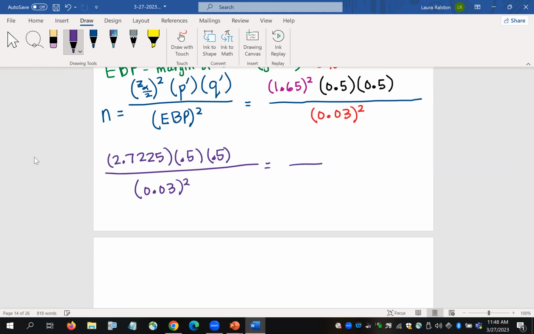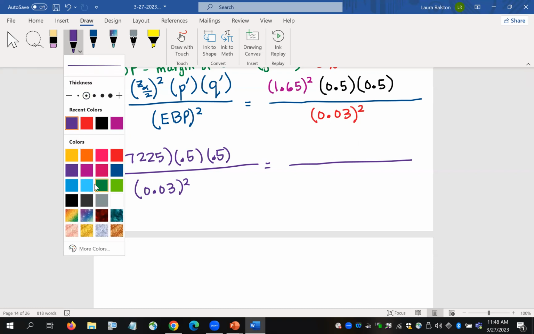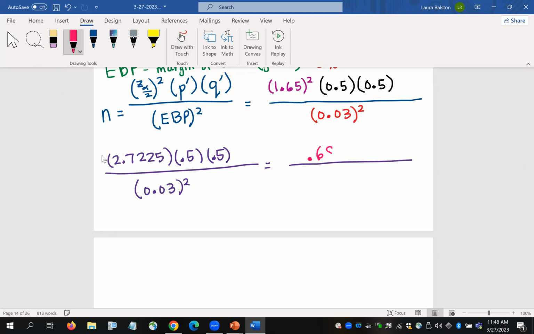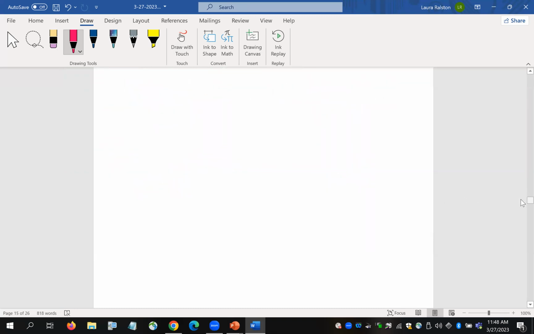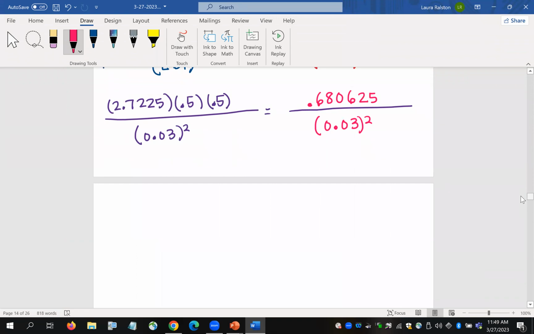Now I'm walking it through. Again, following order of operations, I would continue to work in the numerator. So 2.7225 times 0.5 times 0.5 equals 0.680625 divided by 0.03 squared. I've finished all of the calculations in the numerator.